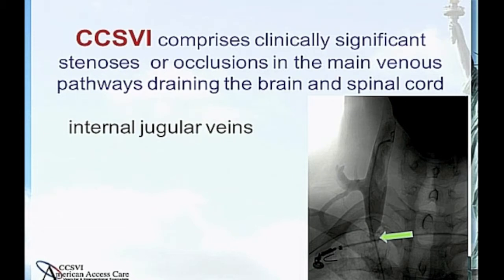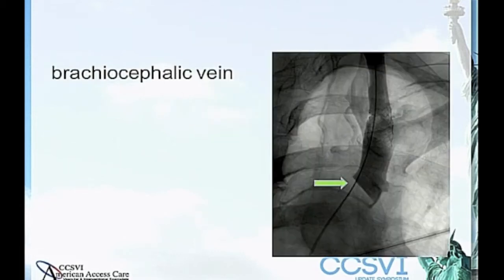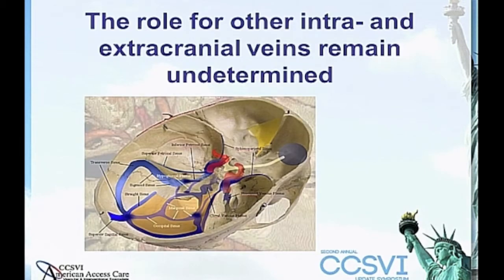These problems are usually found in internal jugular veins, also in azygos, and in some of these patients also in brachiocephalic veins. For the time being, the role of intracranial veins remains undetermined. Maybe these veins play a role, but we are not very sure about it at the moment.